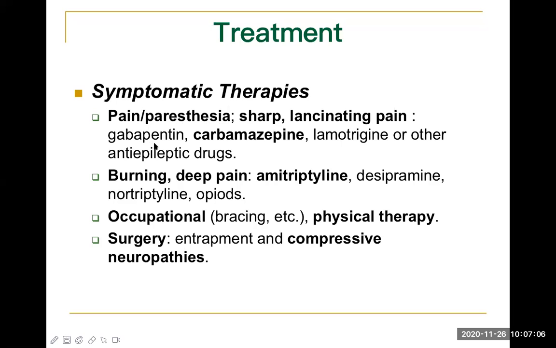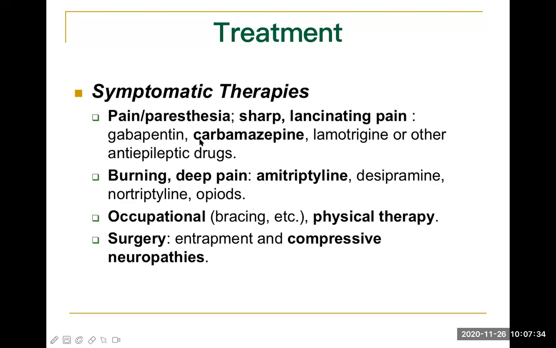Very important question in the exam, especially in the MCQ part: gabapentin, carbamazepine, lamotrigine, or even sodium valproate. So these are the common drugs which are given there. Remember, these drugs are anti-epileptic drugs, but they are not used for epilepsy here. They are used for the control of chronic pain.